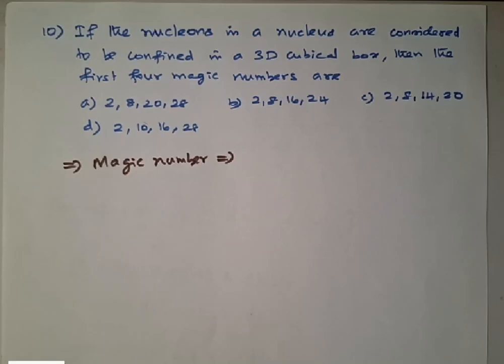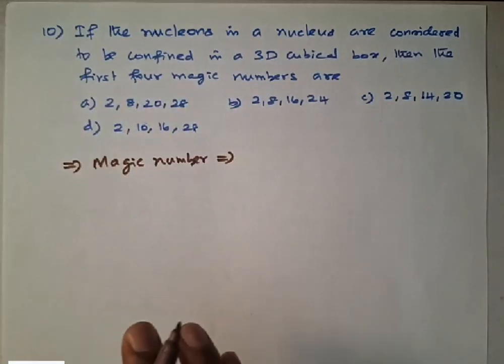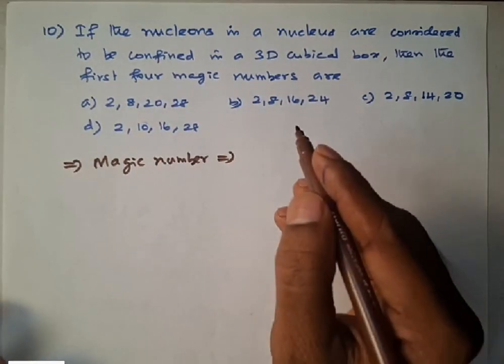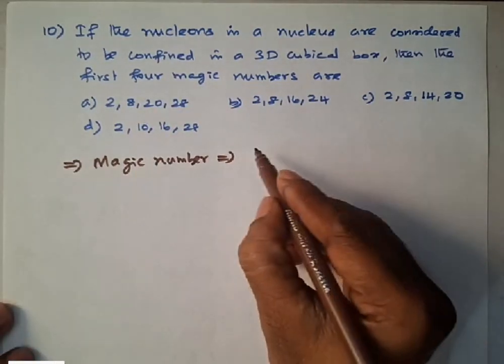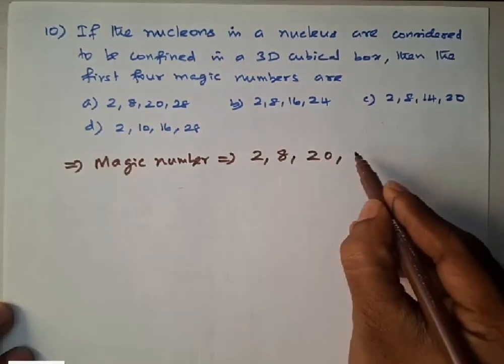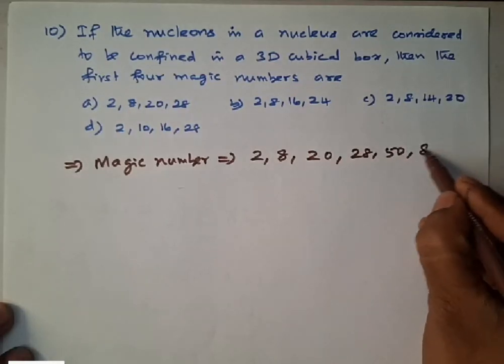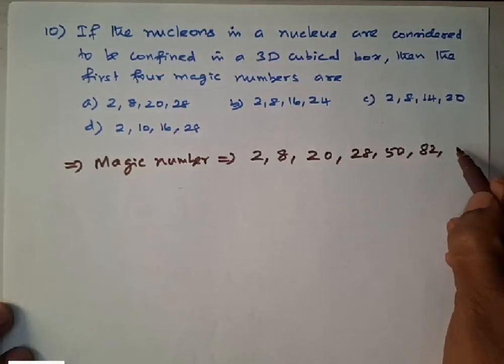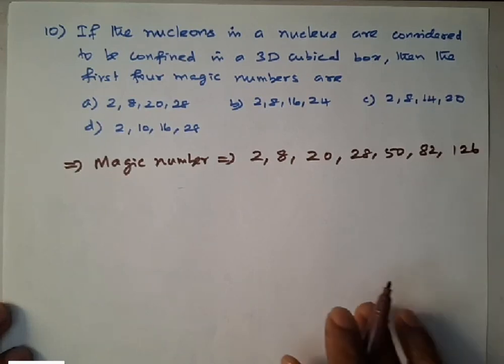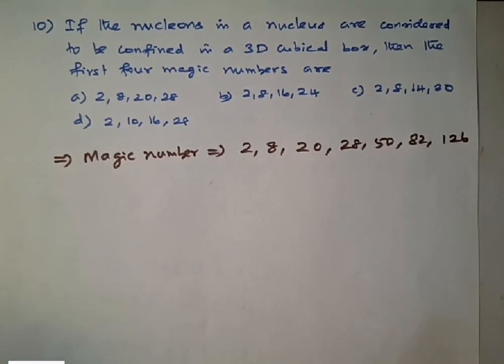Let me check. Anyway, I will discuss. The usual magic numbers are 2, 8, 20, 28, 50, then 82, then 126. 126 we use for neutrons. For protons, up to 82 is enough.